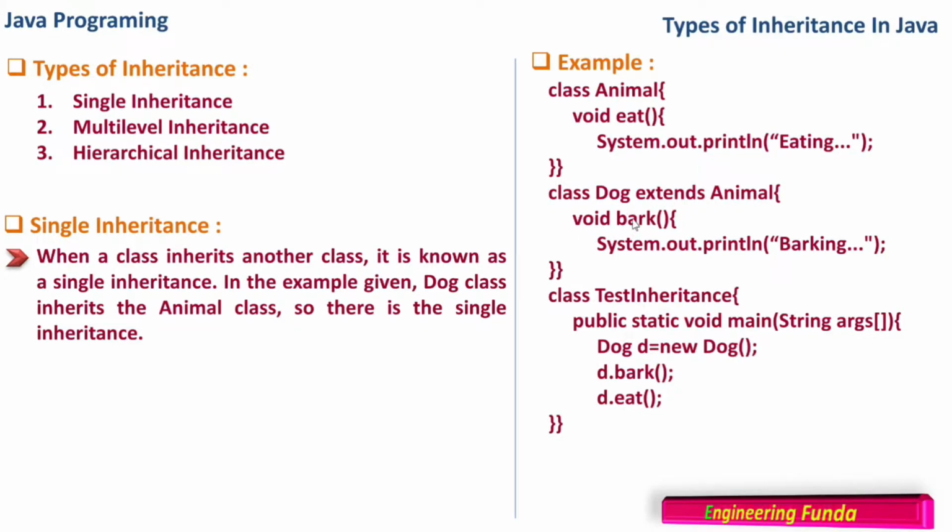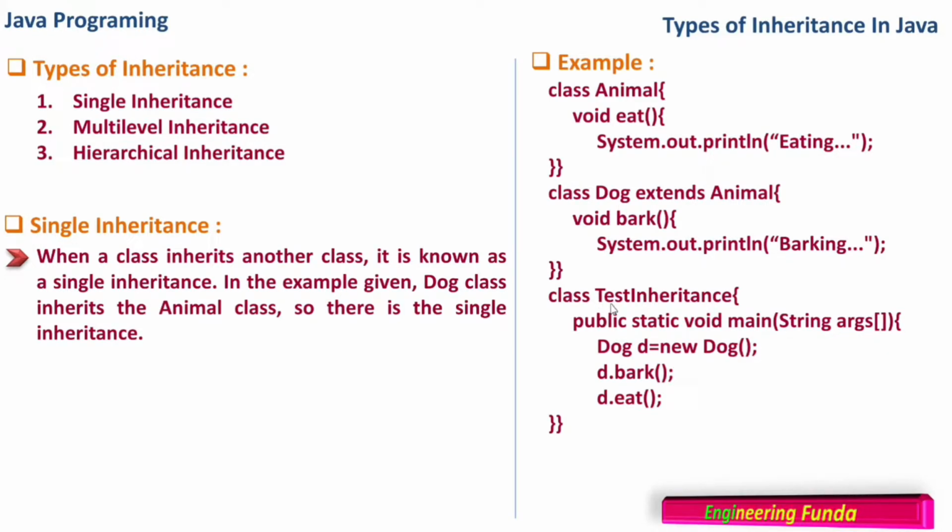In that we have a method bark. In that method we are just printing barking. So there is this class animal which is extended into a class dog. So here my animal is a superclass and my class dog is a subclass, that is, the parent class and child class.